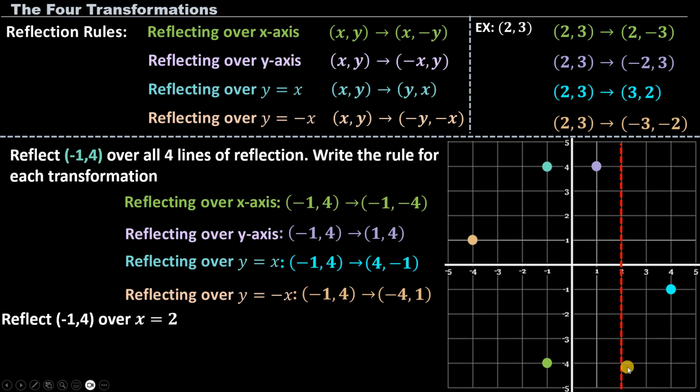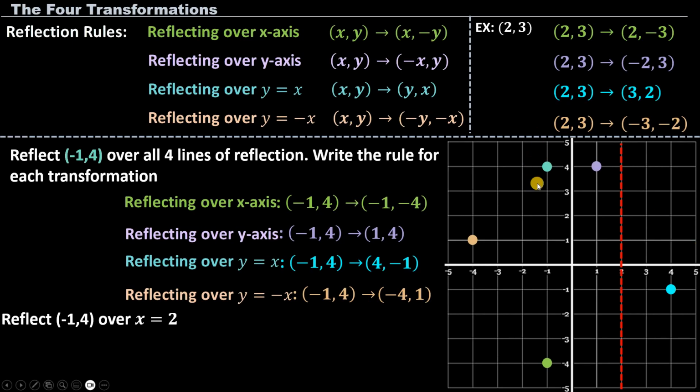And so then we have to remember, okay, well, we might not have a rule necessarily to go over x equals 2, but we do know the properties of what reflection does. Reflection takes an image, and whatever distance that image is away from the line of reflection, it copies it over to the other side. It mirrors that same distance to the other side.